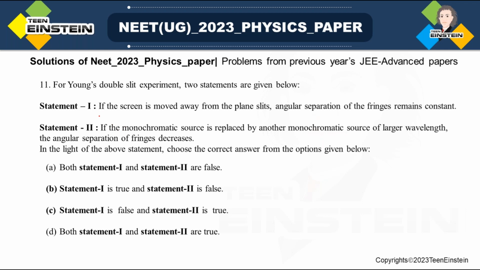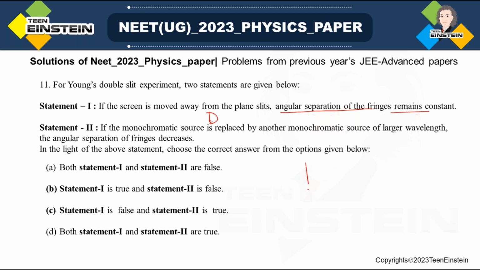The first statement is saying that if the screen is moved away from the plane of the slits, the angular separation of the fringes remains constant. And the second statement is also about the angular separation of the fringes and how it depends on the distance D.